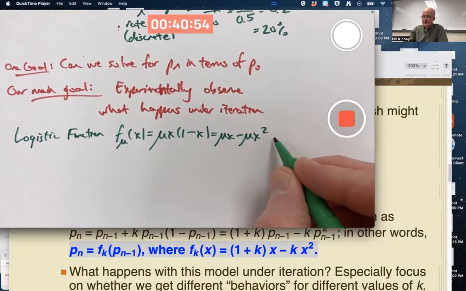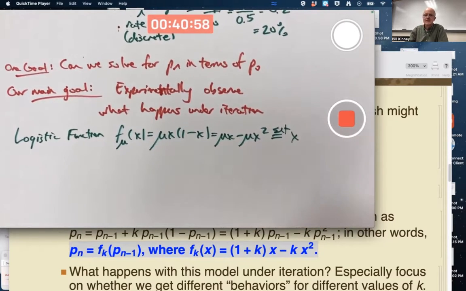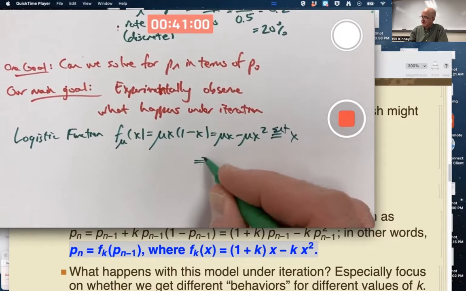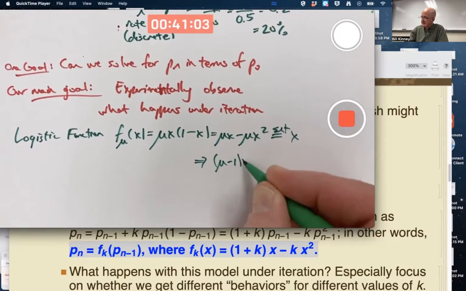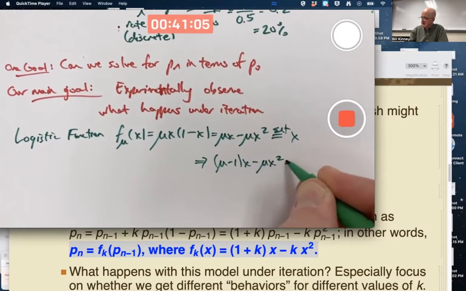The fixed points of this example from last week: if we set this equal to X and solve for X, we did this calculation last week.